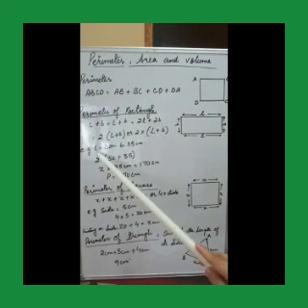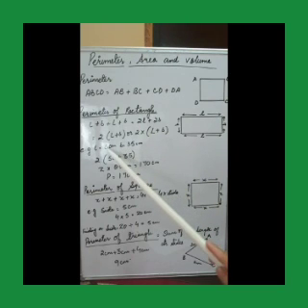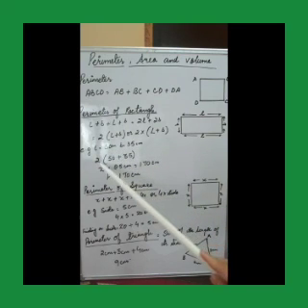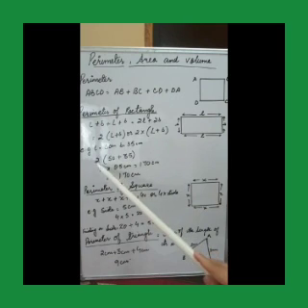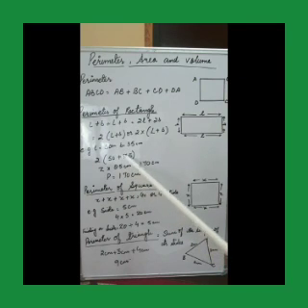For example, we have a rectangle with 50 centimeters length and 35 centimeters breadth. So how to find the perimeter of the rectangle? Let us add length and breadth. As we know, in a rectangle we have two lengths and two breadths. So first we add one length and one breadth: 50 plus 35 is 85.